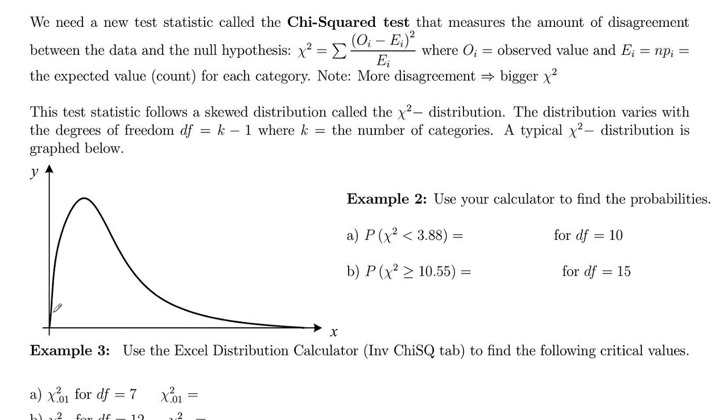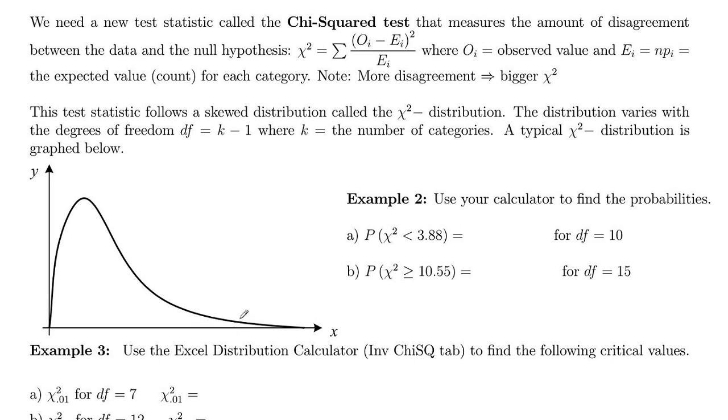There's actually a different distribution depending on how many categories you have, so it varies with your degrees of freedom, which are defined to be k minus 1, one less than the number of categories, and also the total number n. So a typical chi-squared distribution would look like this.